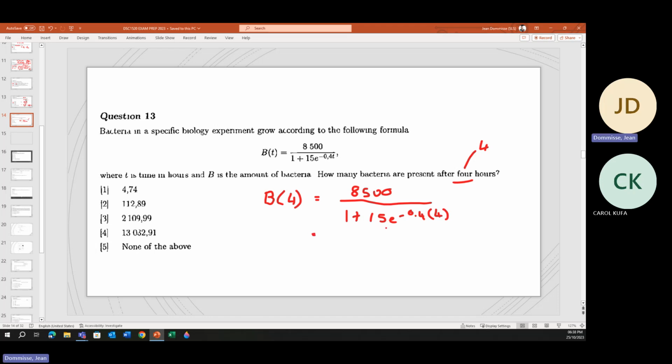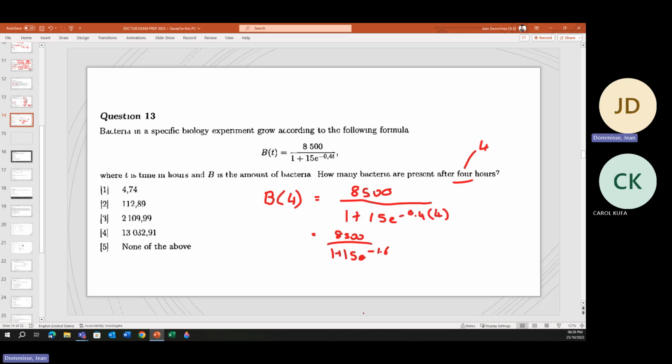So 0.4 times 4 gives us 1.6, so that's minus 1.6, so 8,500 divided by 1 plus 15e to the power of minus 1.6. I've got that on my calculator.